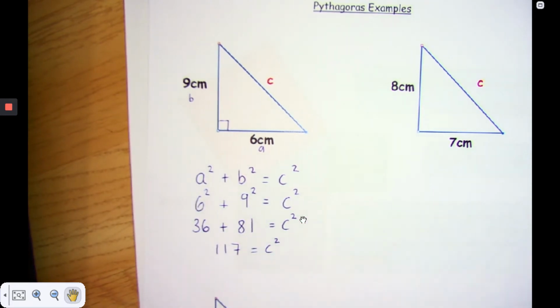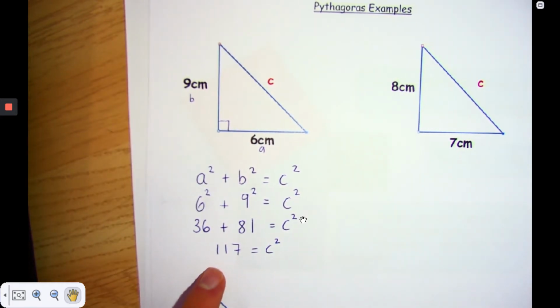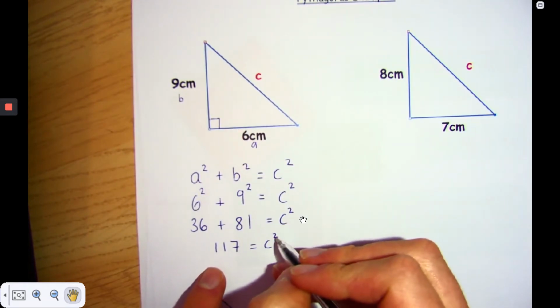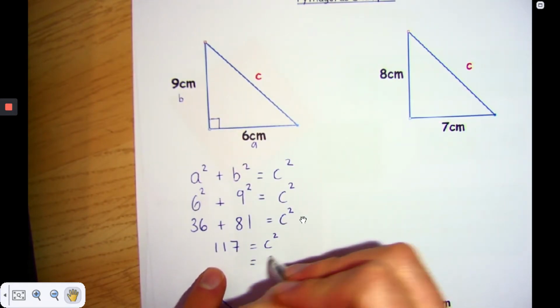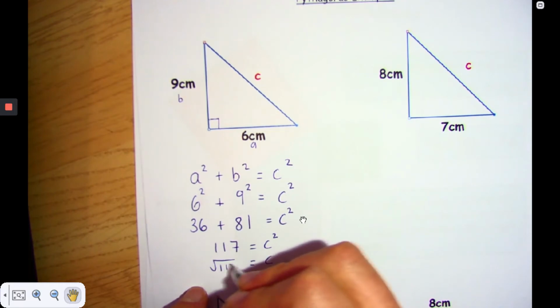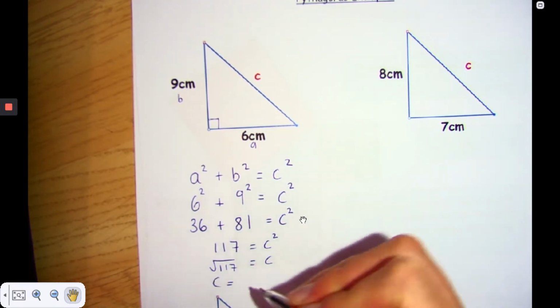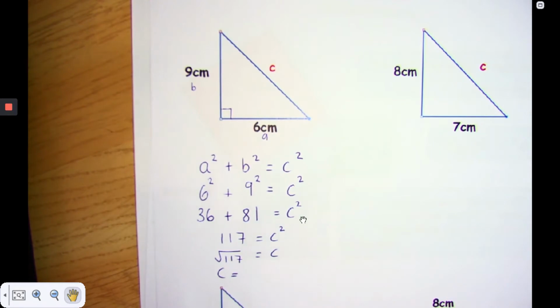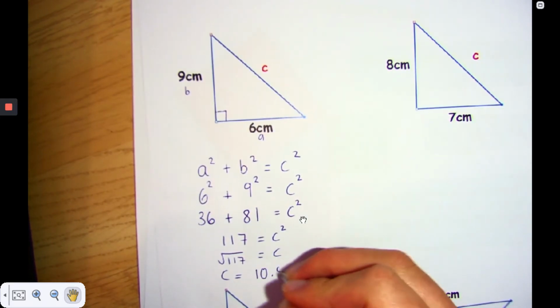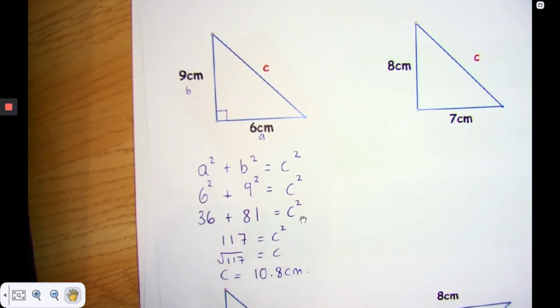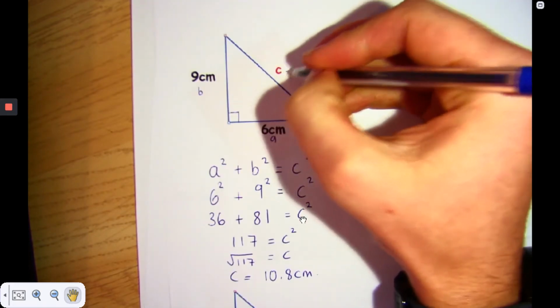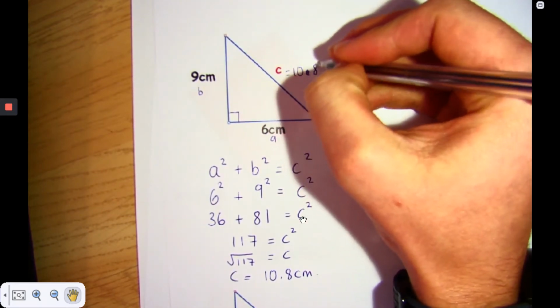We've actually got to do something to 117 to work out what c is, and we do the opposite of squaring, which is to square root. So c is the square root of 117, which in your calculators, to one decimal place, is 10.8 centimeters. And that is the length of that side there.